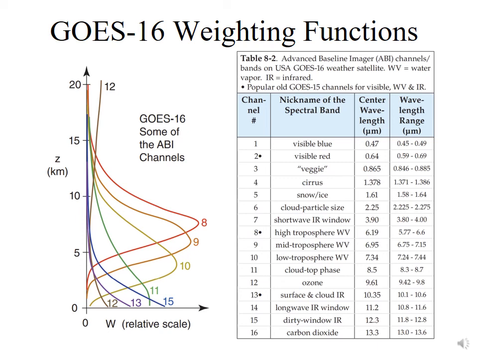We'll compare that with channel 12, which is an ozone channel. The atmosphere is basically transparent because there's not much ozone between about 5 and 15 kilometers. The ozone concentrations are really low.